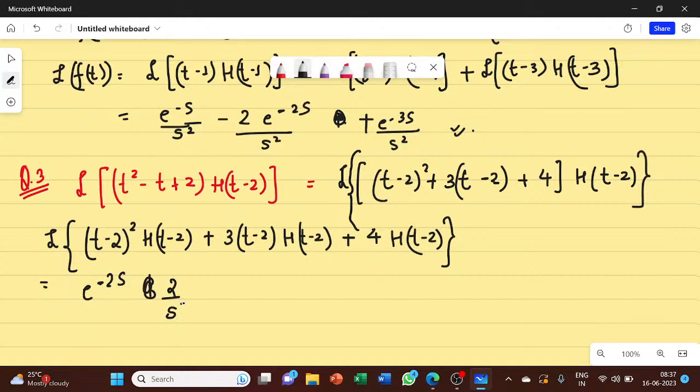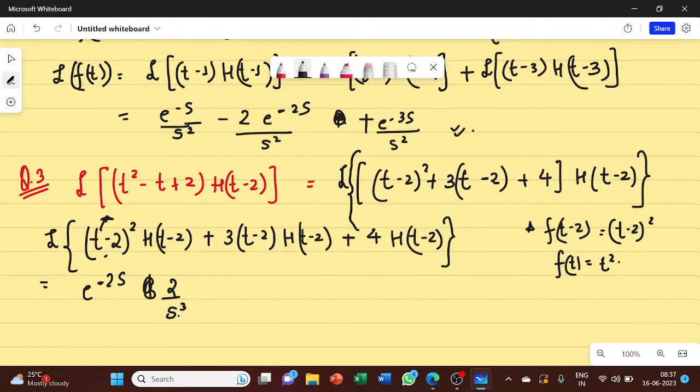Why 2 upon s cube? You have to remember that you have to take the Laplace transform of t square here, because this is f of t minus 2, which is t minus 2 square. So the structure of the function f of t is simply t square.